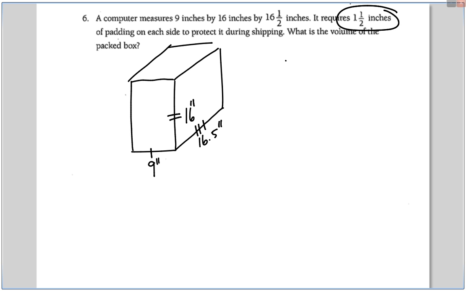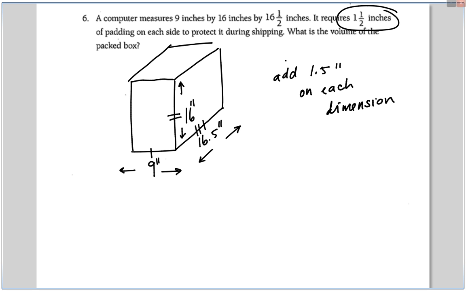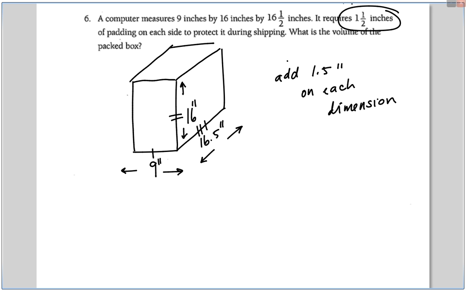Then it says it requires 1.5 inches of padding on each side. So that means you're going to have to put on 1.5 there, 1.5 there, 1.5 there, 1.5 there, 1.5 there, 1.5 there. So we had to add 1.5 inches on each dimension, basically twice per dimension.